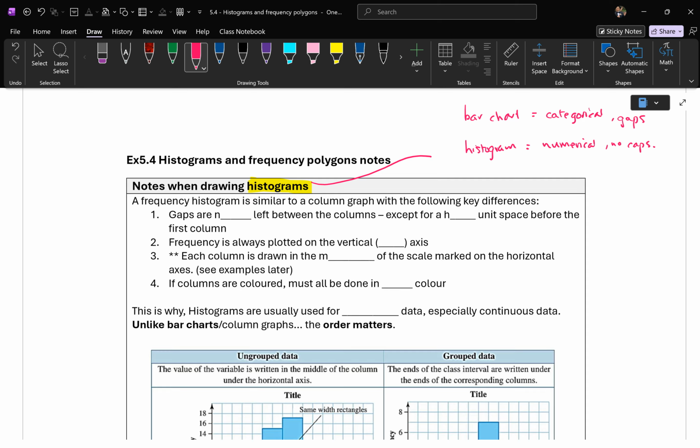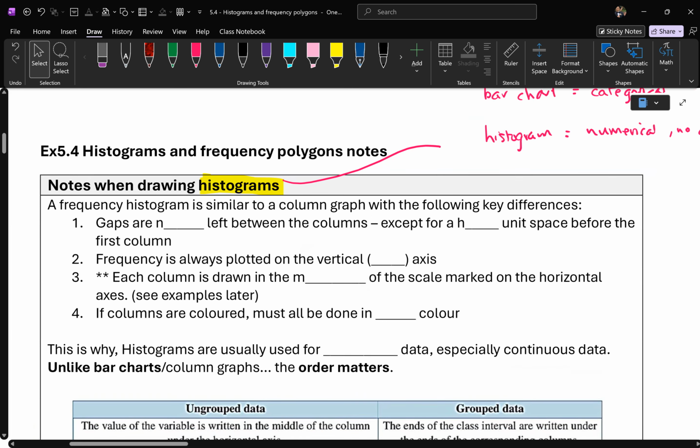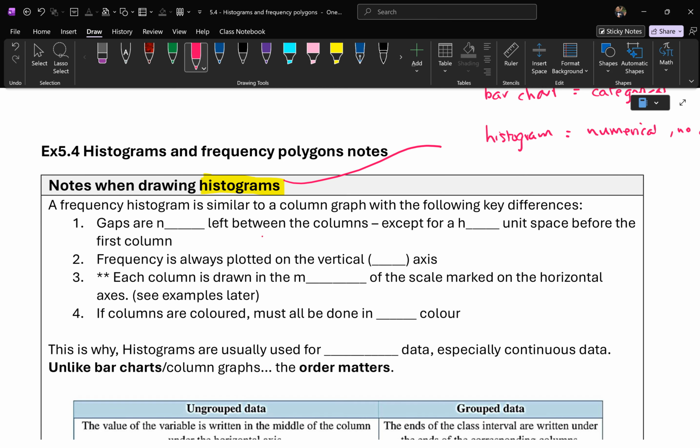A frequency histogram is similar to a column graph or bar chart with the following key differences. Gaps are not left between the columns.